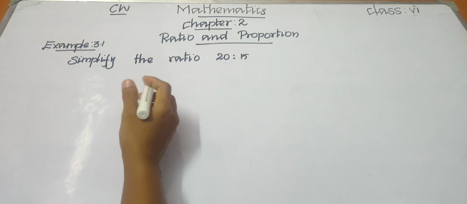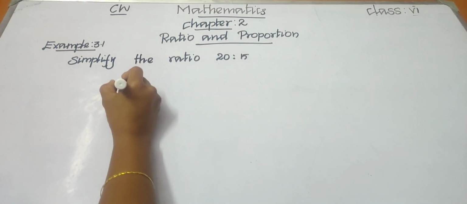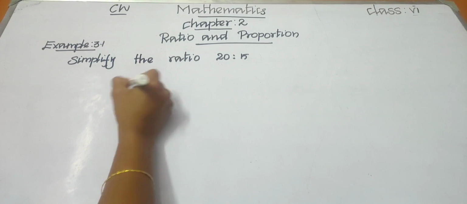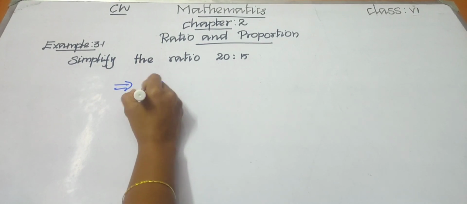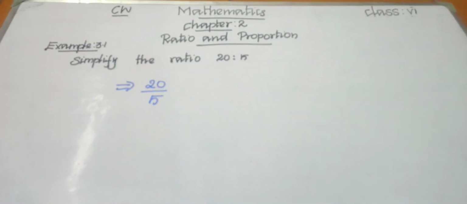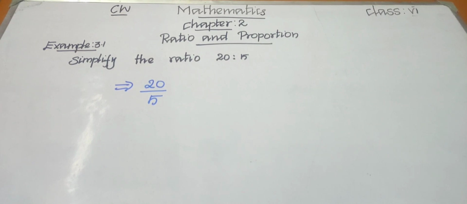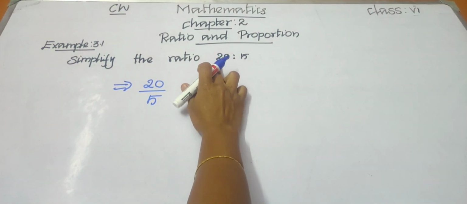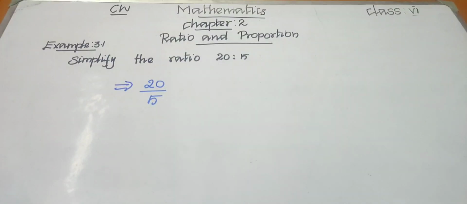Children, how will you write it? We can write it as 20 upon 5, or 20 by 5. The question is 20 is to 5, and we write that as 20 by 5. Now what is the next step?